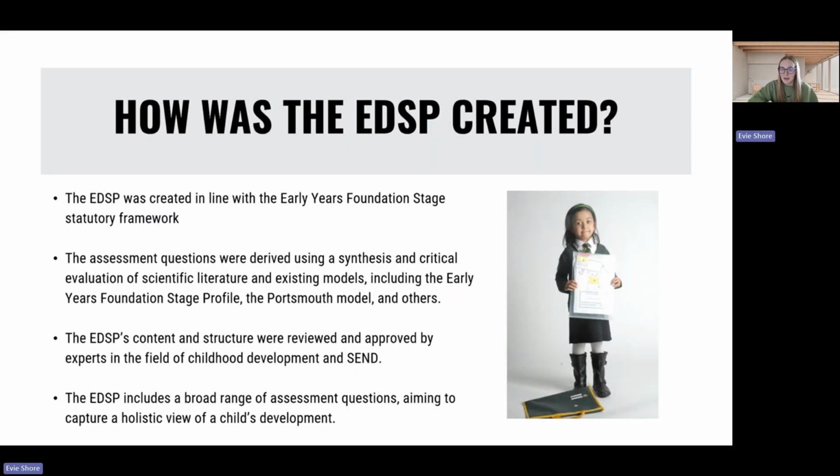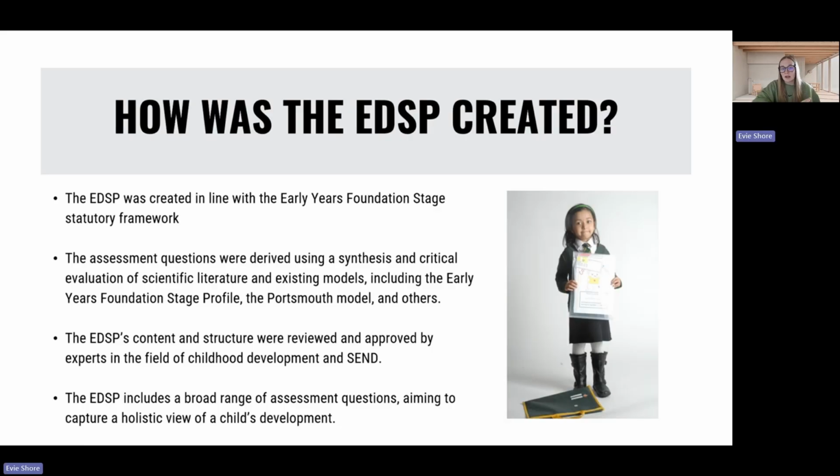So how was the EDSP created? The EDSP was created in line with the early years foundation stage statutory framework. The assessment questions within the EDSP were derived using a synthesis of critical evaluation of different scientific literature around child development and special educational needs. The EDSP also took inspiration from existing models such as the early years foundation stage profile and the Portsmouth model, among other models.